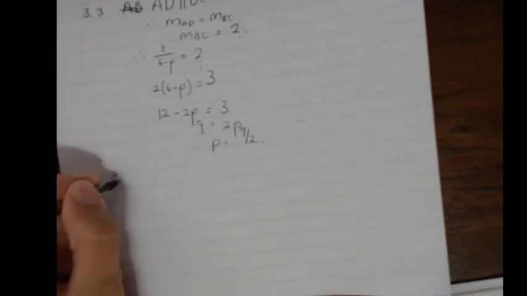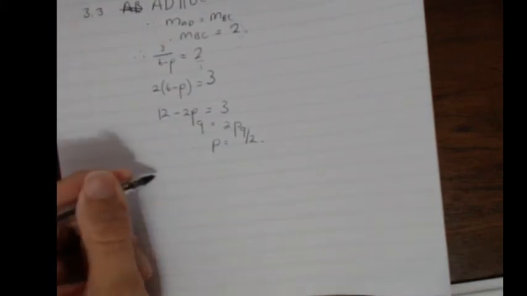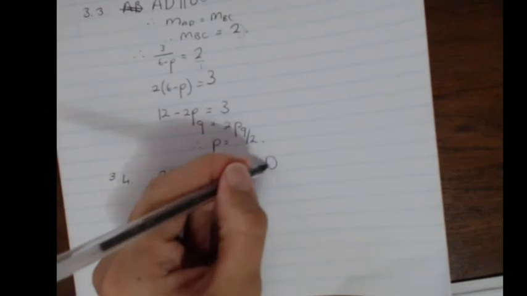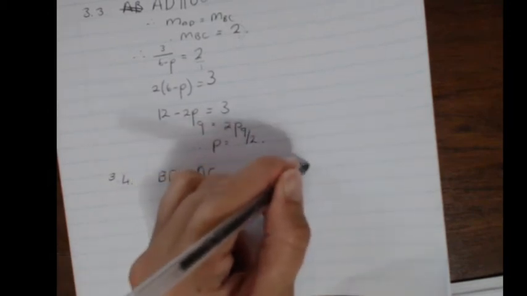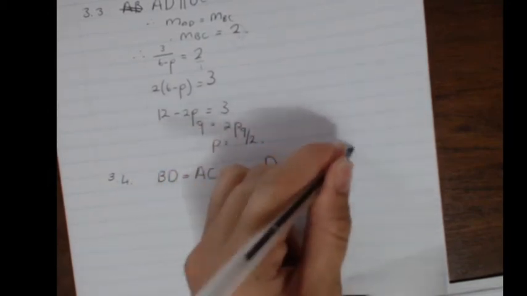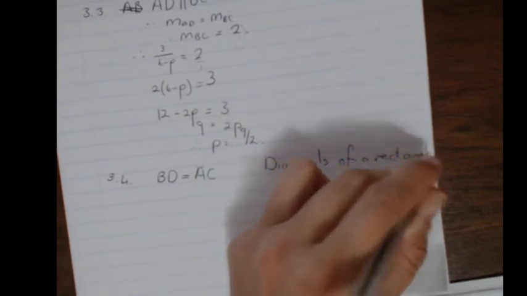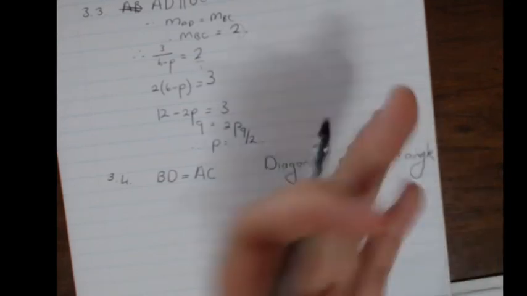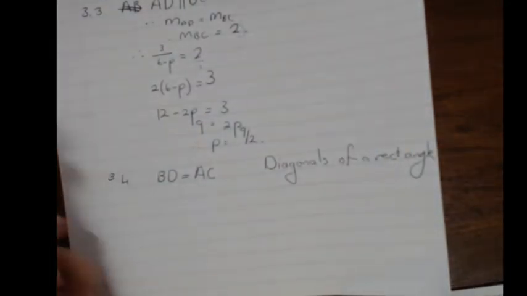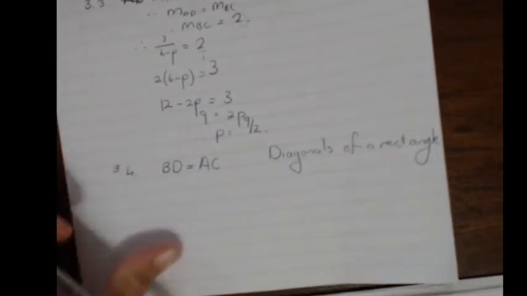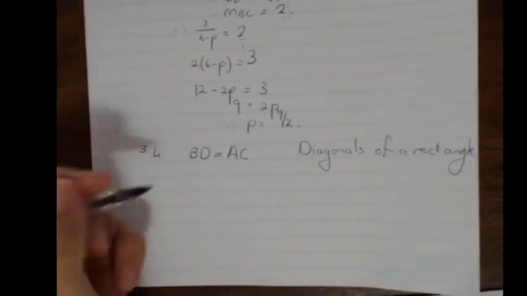So, to calculate the length of BD, I'm first going to state that BD is equal to AC. This is a property of diagonals of a rectangle. Really not necessary to give proper reasons here because it's analytical, but better safe than sorry.